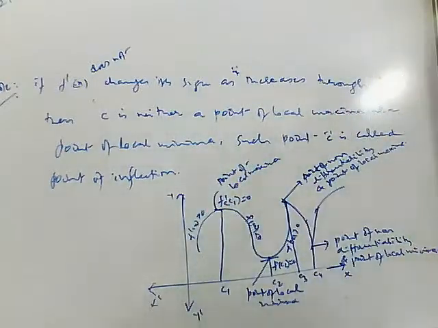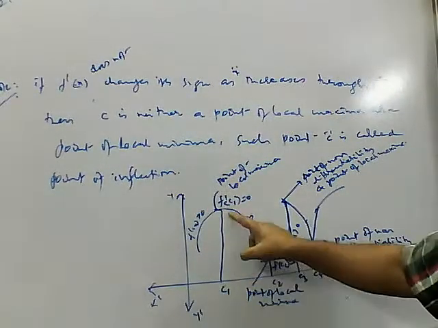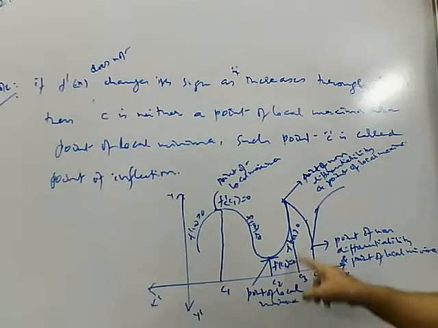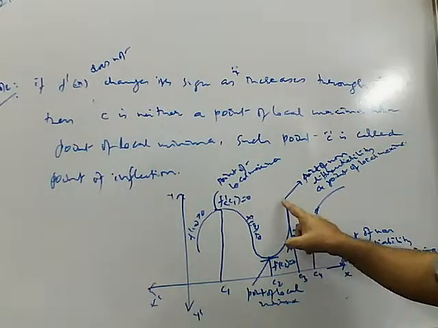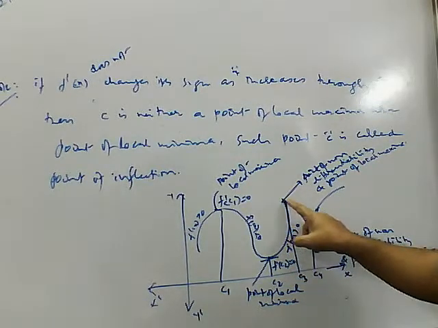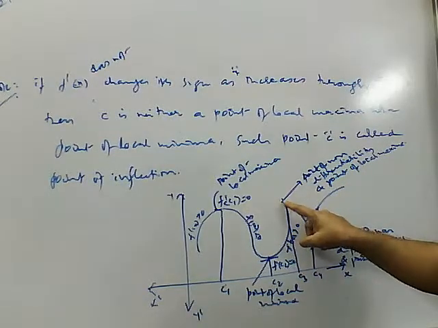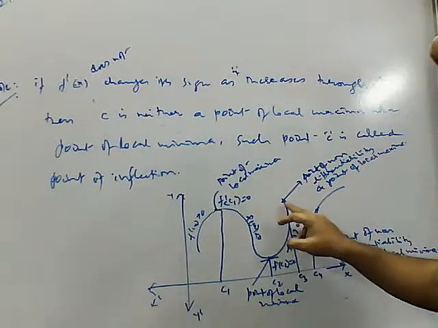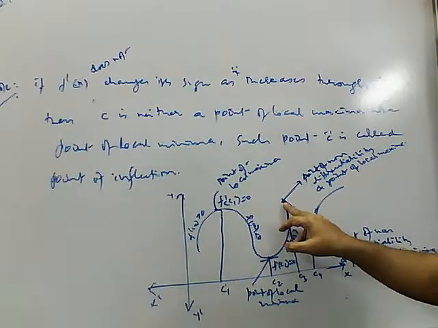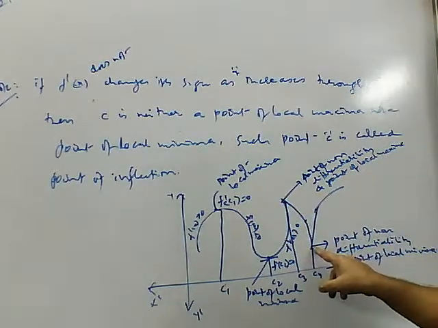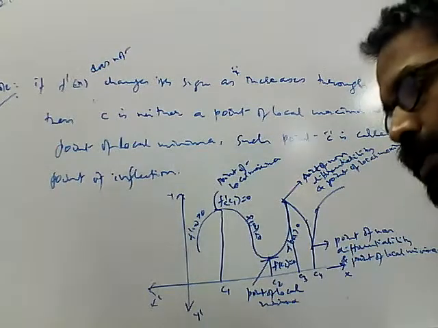This one is not: here local maxima, here local minima, and here you are getting a fixed point, and it is not a maxima or minima because there is no increase and there is no decrease. But this is non-differentiability, it's a point. So this is non-differentiability but a maximum point. Here also non-differentiability but a minimum point, like that.